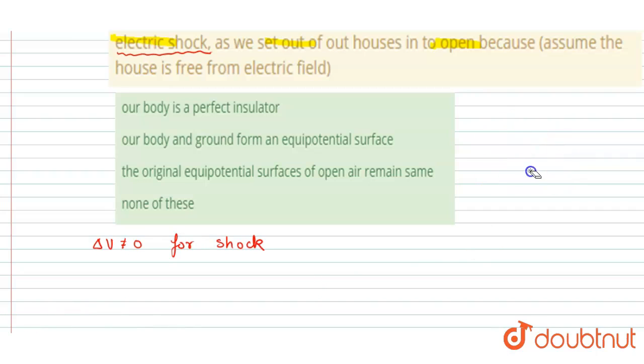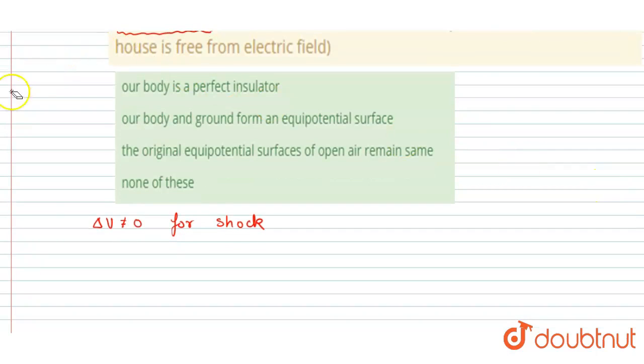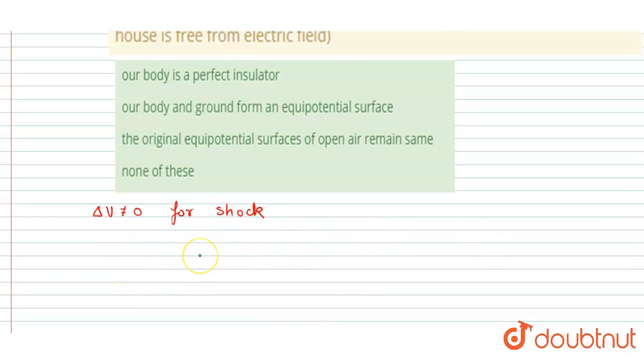So if you see here, when we are standing on the ground, in the house or out of the house, we know that our body and the surface of the earth both are conducting, right?